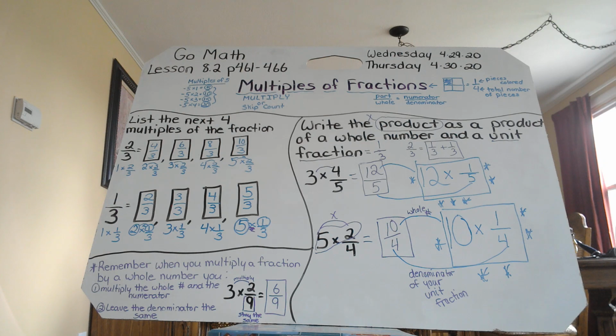And tomorrow, Thursday, April 30th, your job is to complete 465 and 466. And if you look at your calendars, we skipped over 467, 468. But 469 is the start of lesson 8.3.